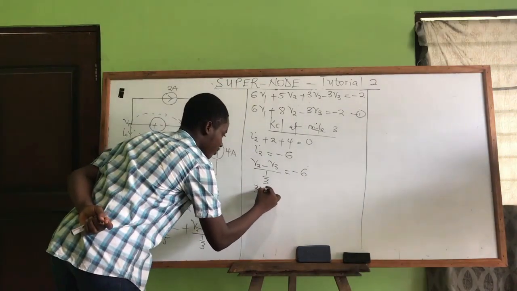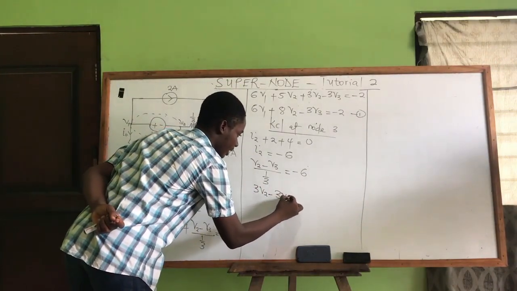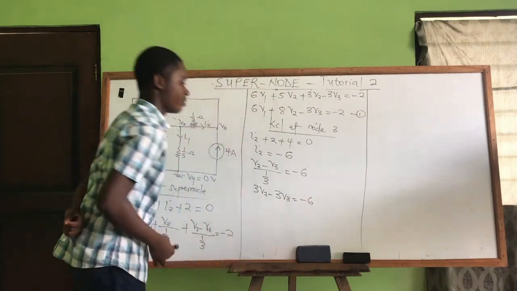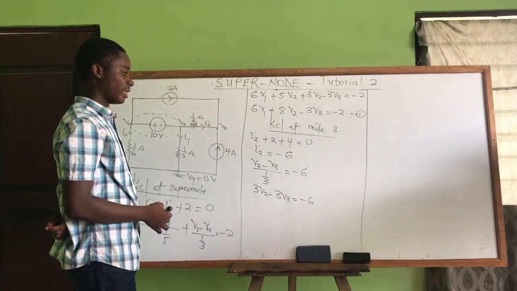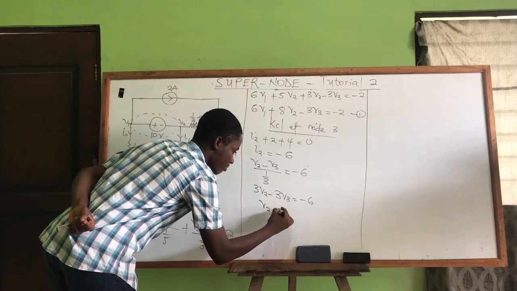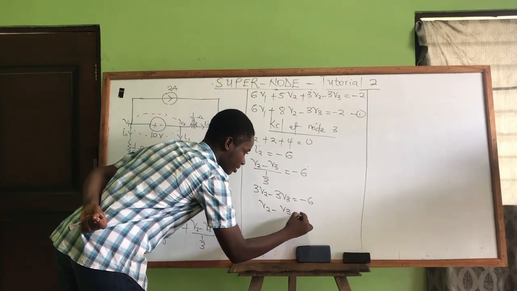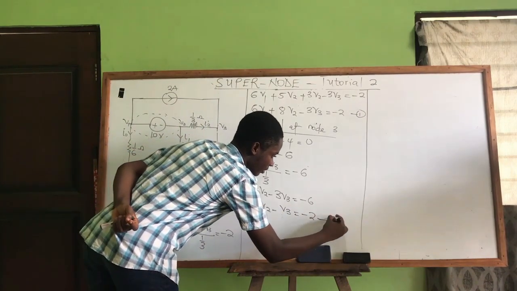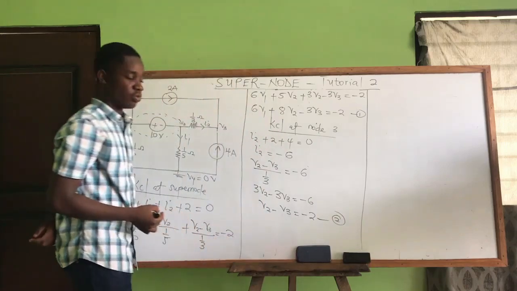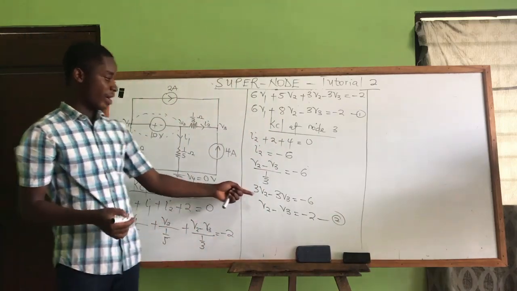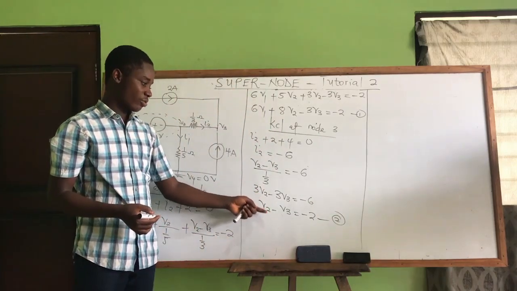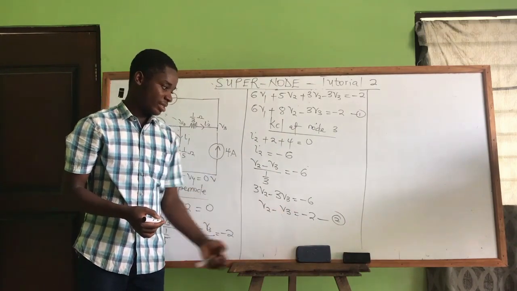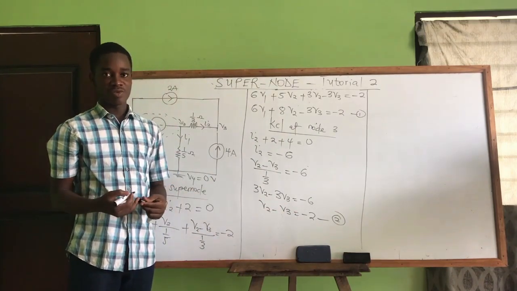So we have 3V2 minus 3V3 is equal to minus 6. We can divide through by 3, and we have V2 minus V3 is equal to minus 2 as our second equation.